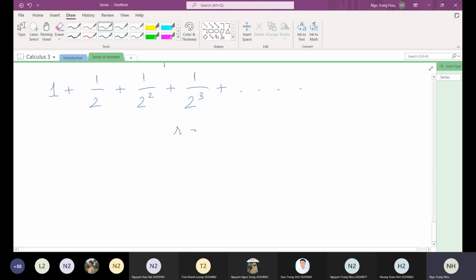So here r is equal to 1 half, right? And a equals 1. So this series is equal to a over 1 minus r. Right? So 1 minus 1 half is 1 half. So this is equal to 2. Right? So previously we saw that this is equal to 2. Right? And now we see the reason why.